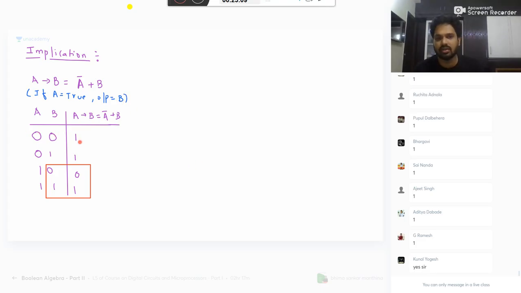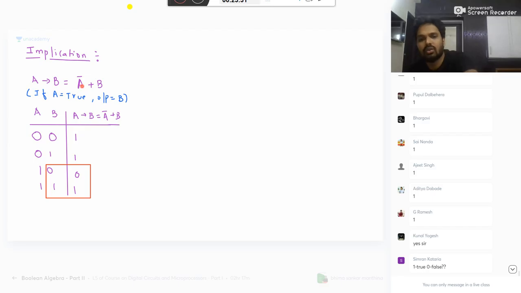It is a constant. Here it is 1. When A is 0, it is a constant. When A is true, the output is the same as B. This is what we call implication. Like the AND operation and OR operation, this is also one operation, implication. 1 is for true, 0 is for false.